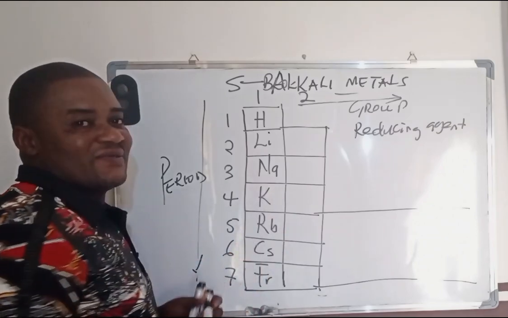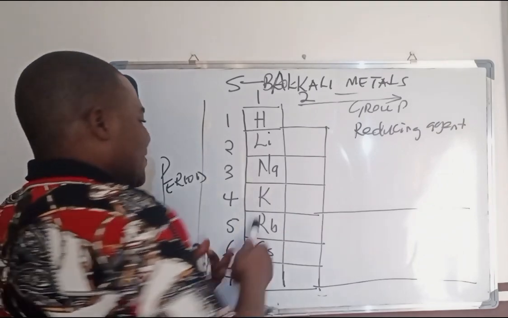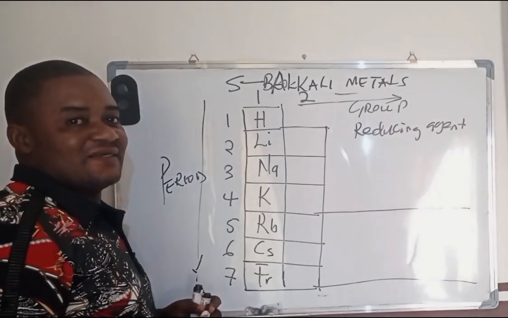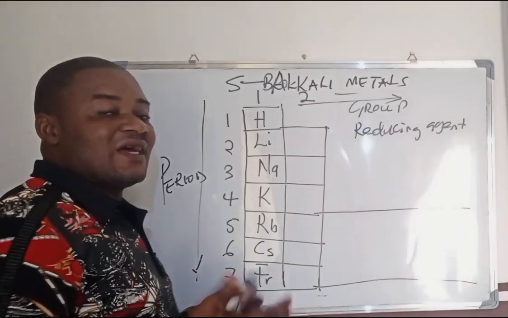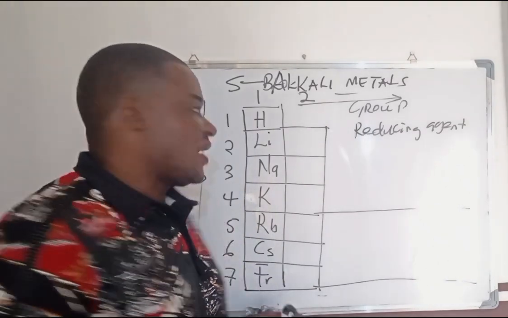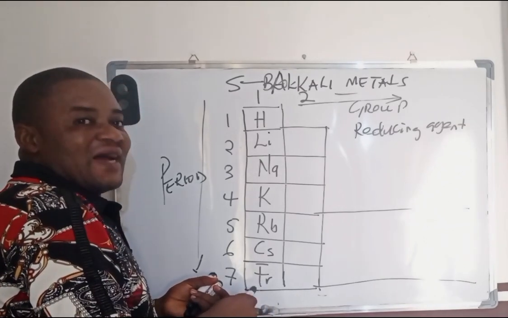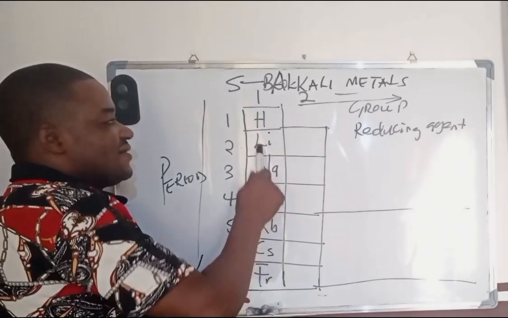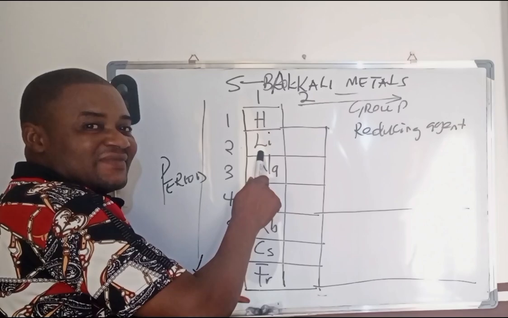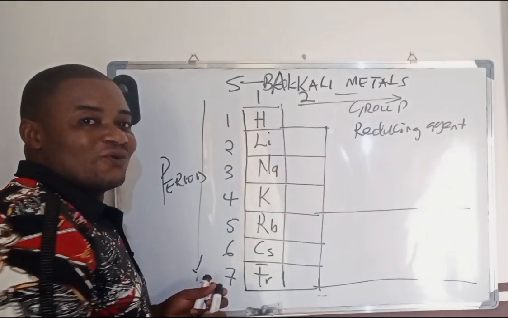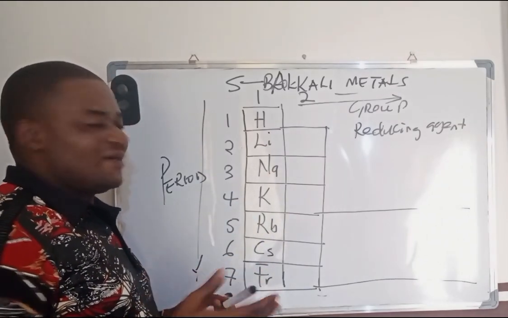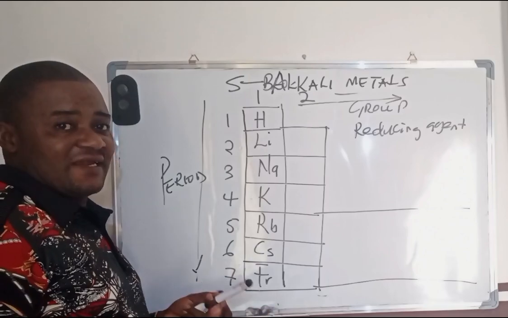But all of them are reducing agents. Now, this particular reducing agent has a larger atomic radius as you move down the group. So francium has a larger atomic radius than lithium. And they also have a low ionization energy.